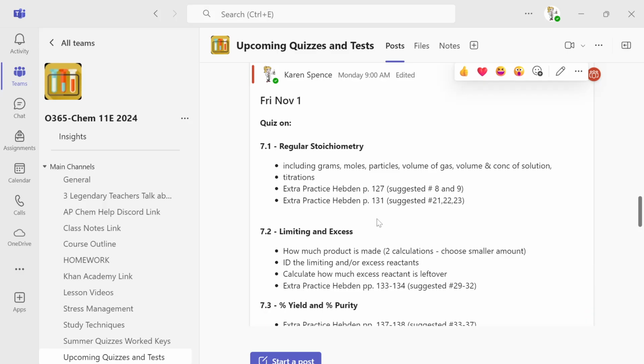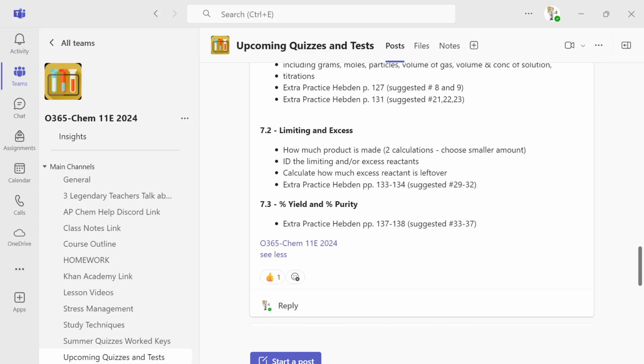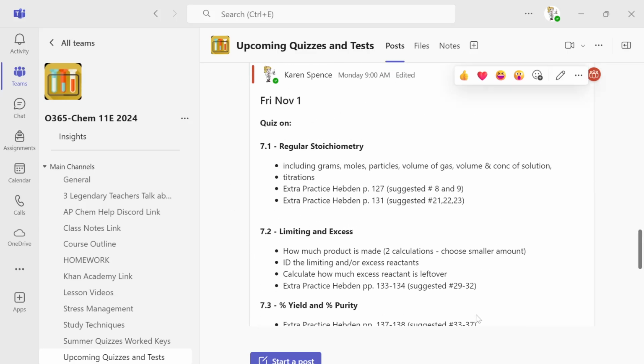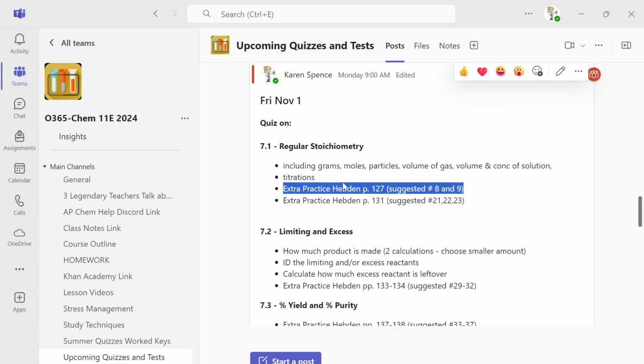Oh, see more. Extra practice: regular stoichiometry, limiting and excess, percent yield and percent purity. It's in with the quiz. Okay, so it tells you, Hebden page 127, suggested numbers 8 and 9. I mean, you can do the whole thing if you want to, but that kind of seems a bit excessive.